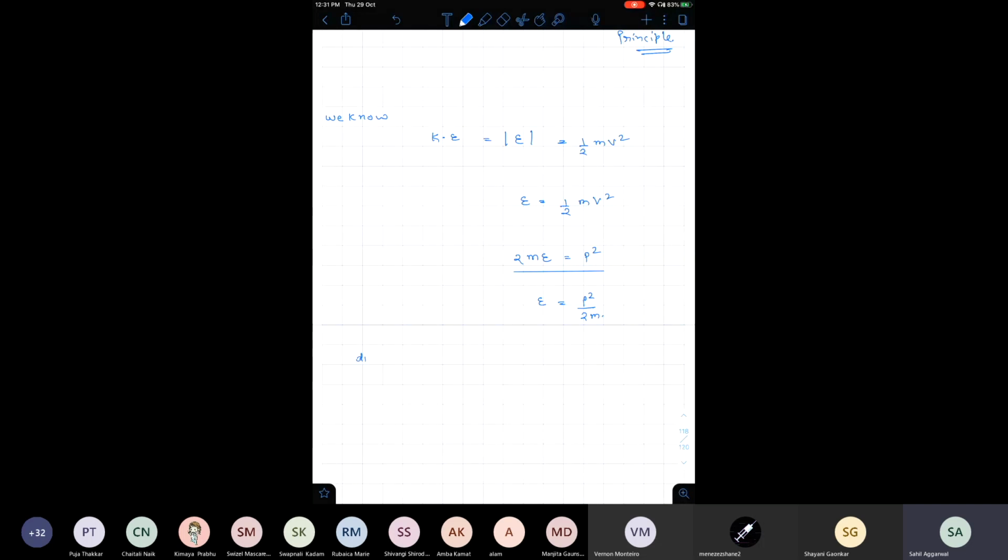If we differentiate with respect to p, then dE by dp is equal to 2p by 2m.